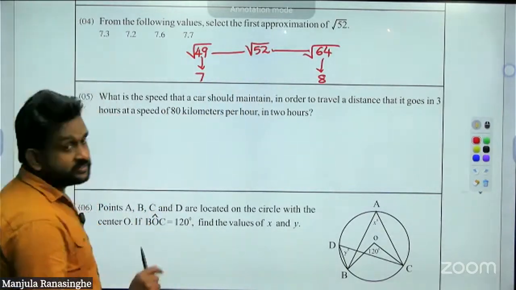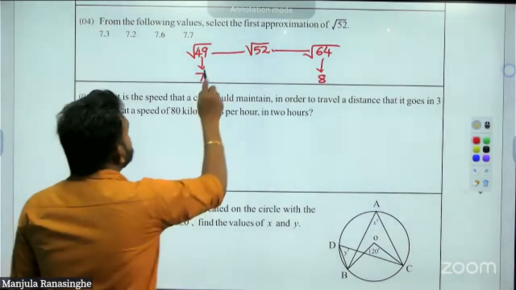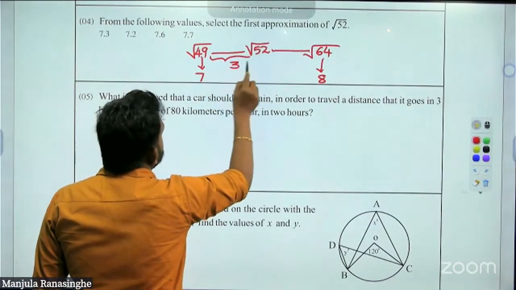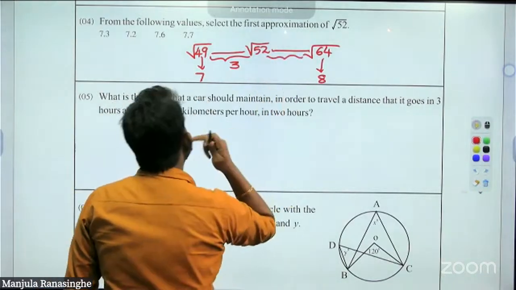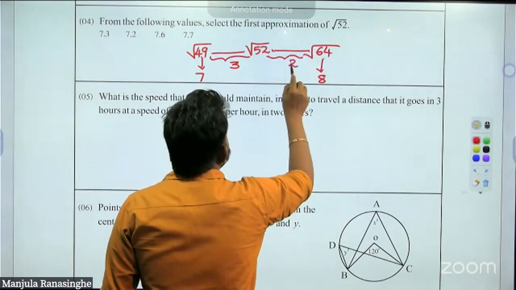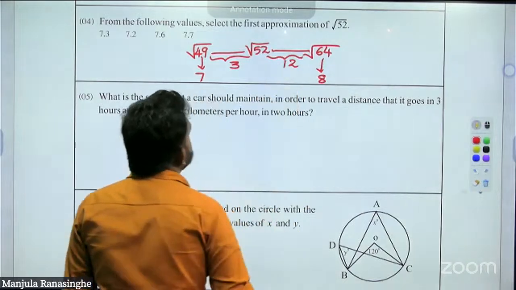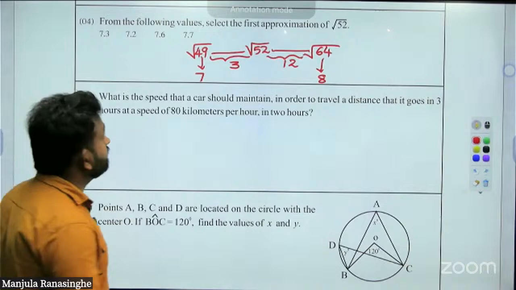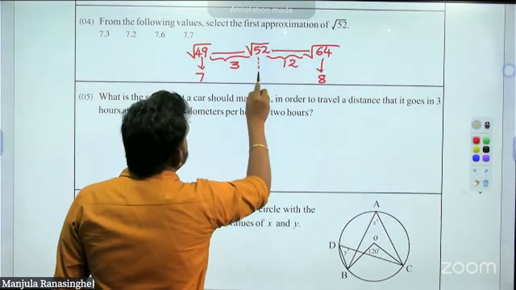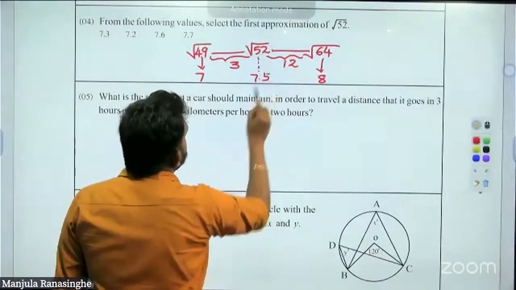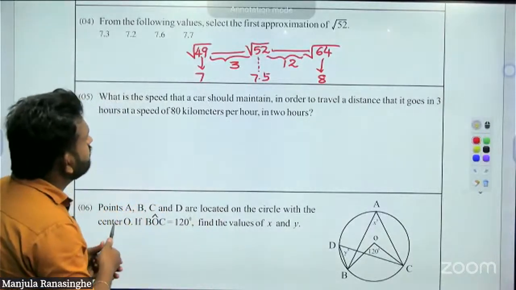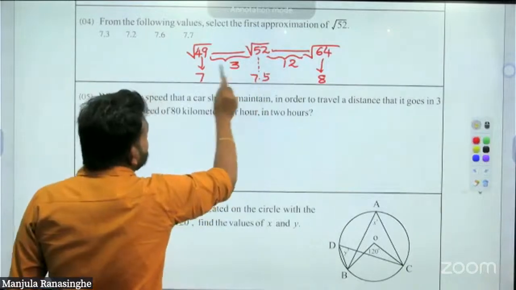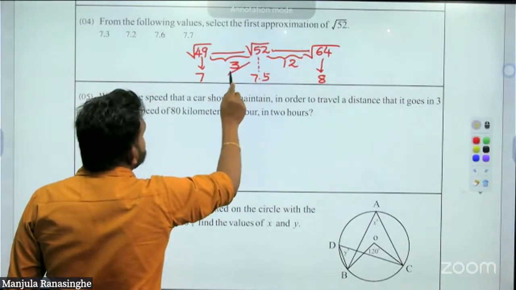It is 7 point something. Check the difference between 49 and 52, that is 3, and between 52 and 64, that is 12. Exactly in between would be 7.5. Now check where the value is closer. It has a gap of 12 on one side and a gap of 3 on the other, so it is closer to 7.